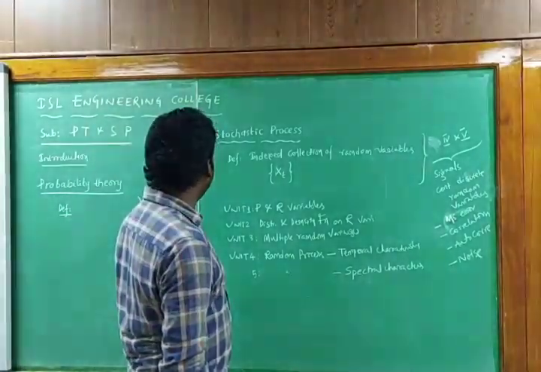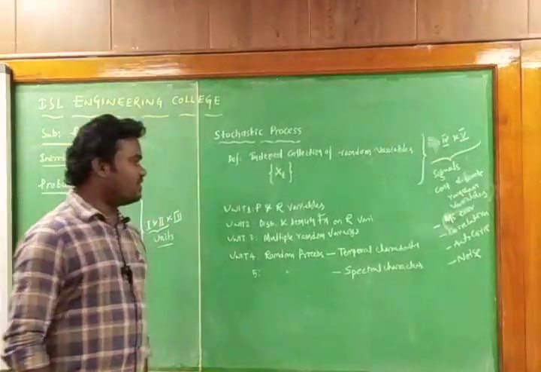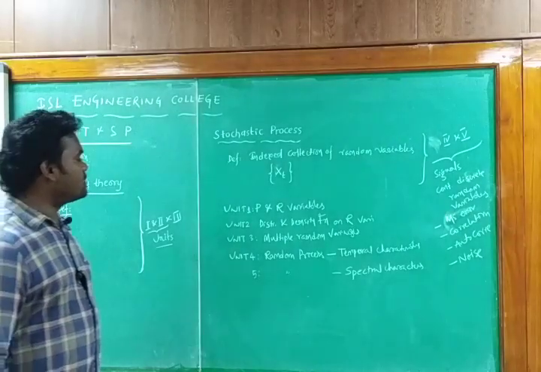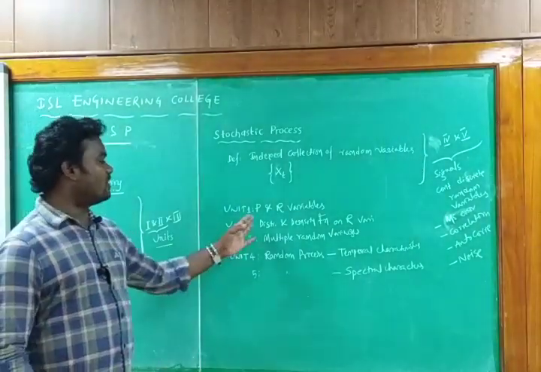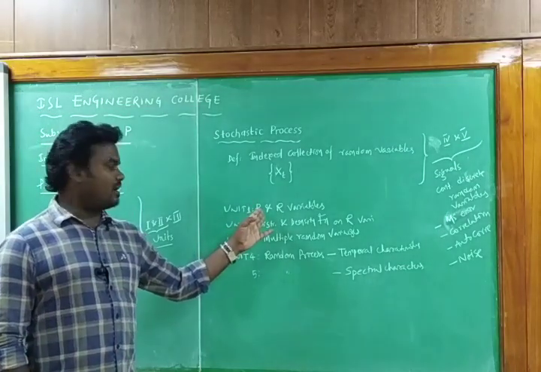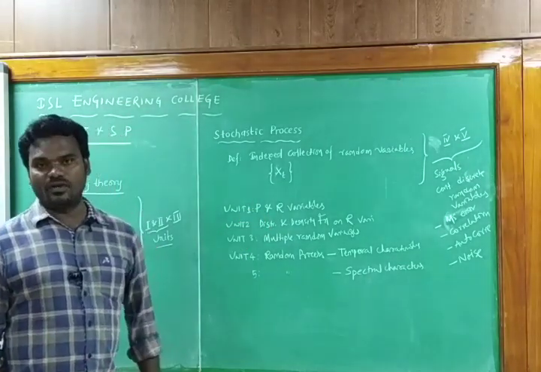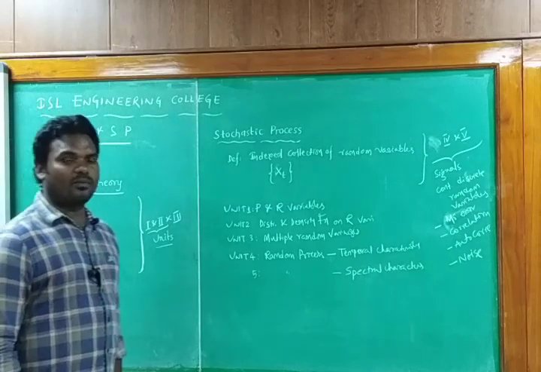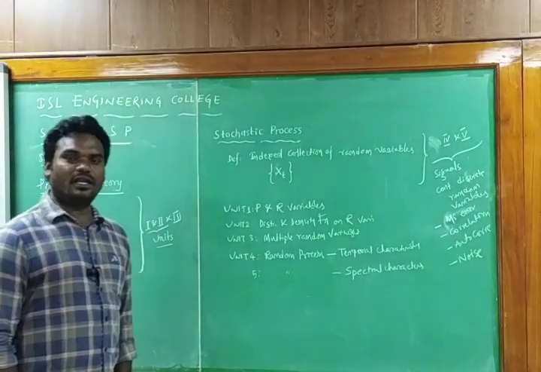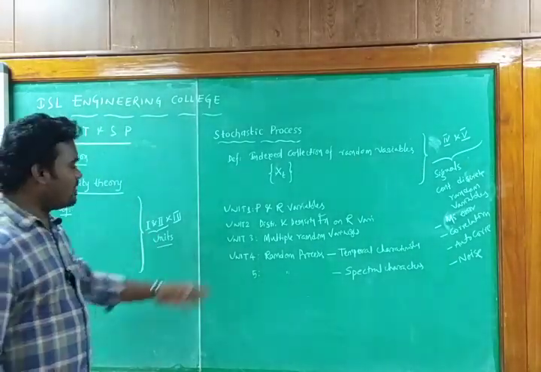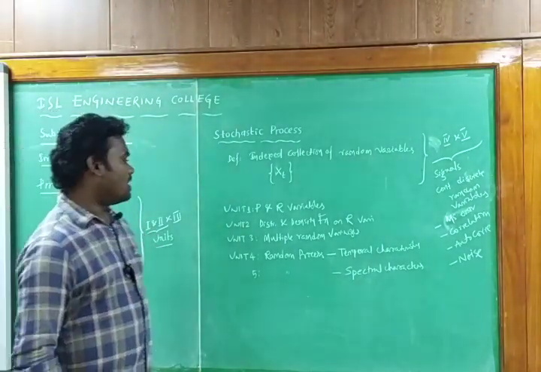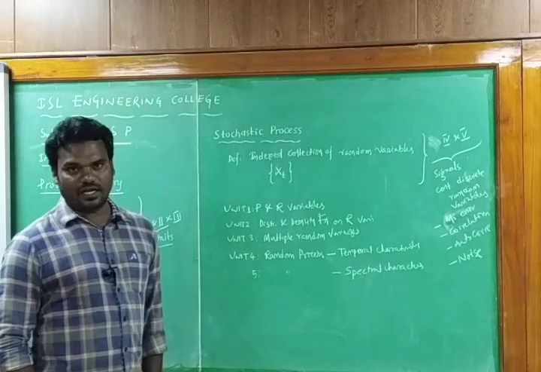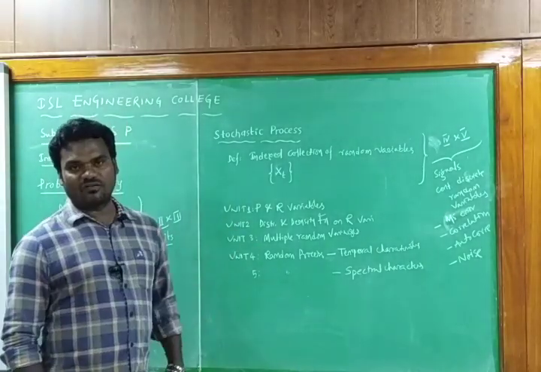This PTSP has around 5 units. The first unit deals with probability and random variables. Here we are going to solve some problems based on probability, and compared to the probability you studied in intermediate or 10th class, this probability is somewhat more complex.